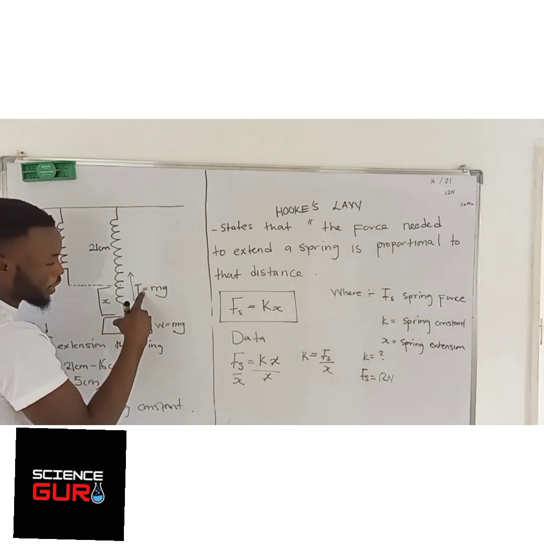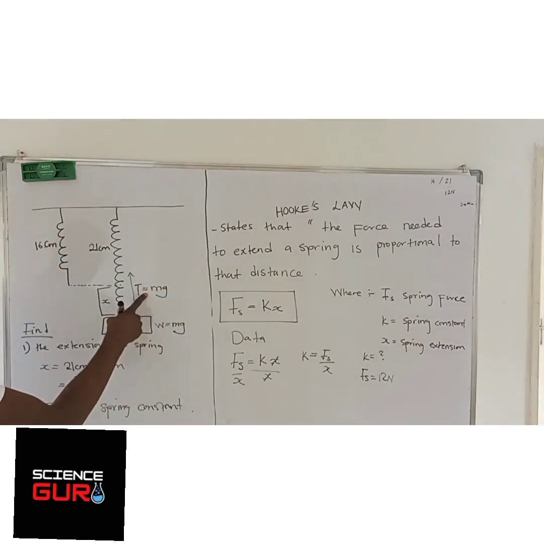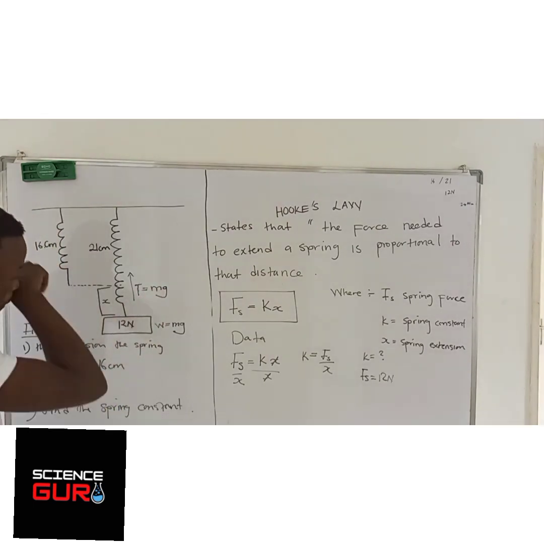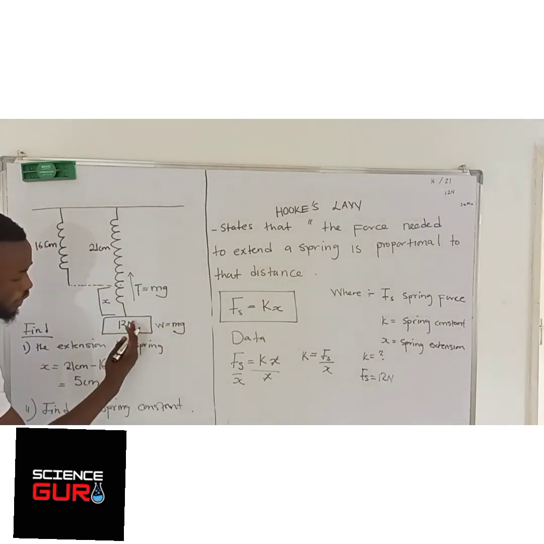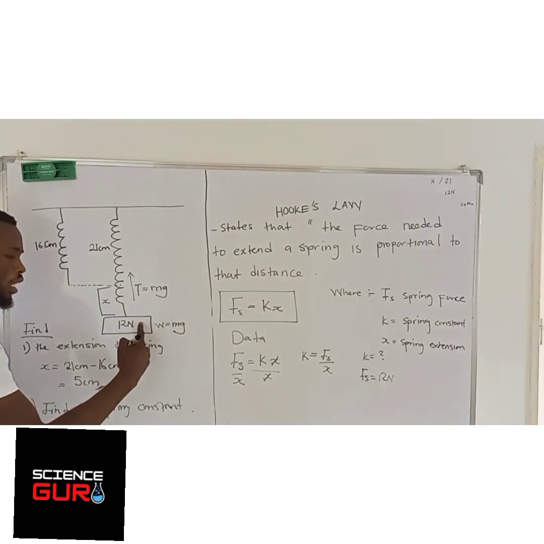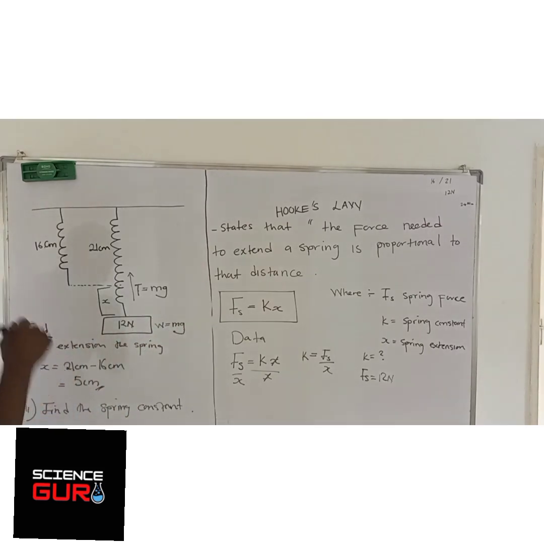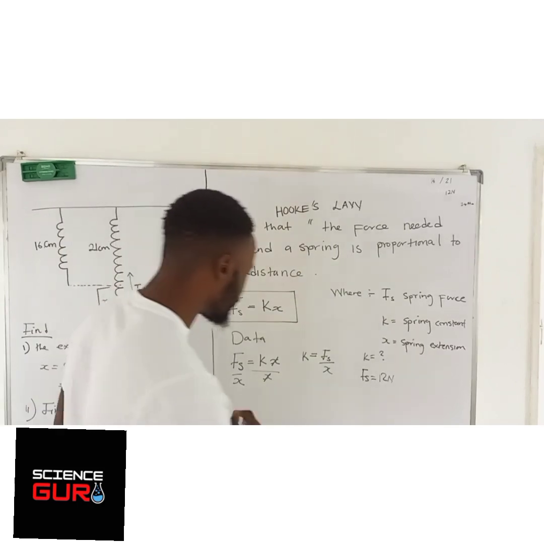In this equilibrium, you're going to notice that the tension is equal to mass times gravitation. If it was given in kgs, just say mass times gravitation. You have the newton. Take note of those important points.